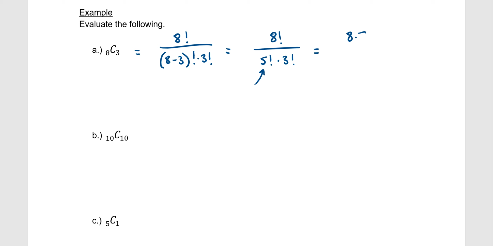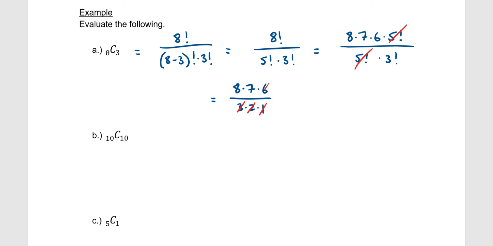If we have 8 times 7 times 6 times 5 times 4 times 3 times 2 times 1, that's another way of saying 8 factorial, so the 5 factorials cancel off. 5 factorial divided by itself is 1. And we're going to end up getting 8 times 7 times 6 in the numerator. In the denominator, we still have 3 factorial. 3 factorial is 3 times 2 times 1, which is actually equal to 6.